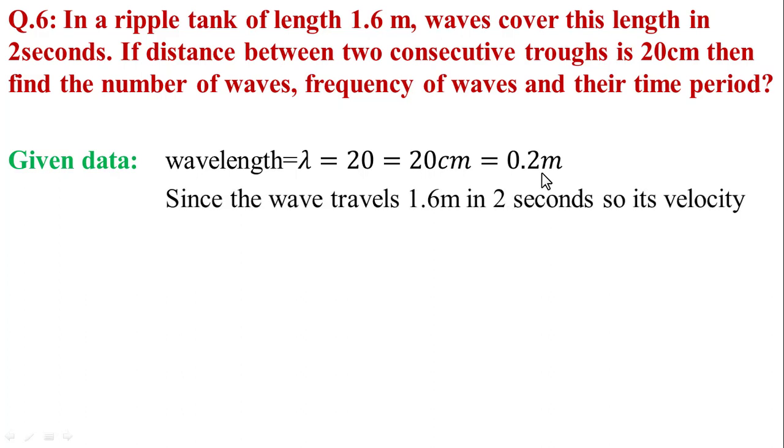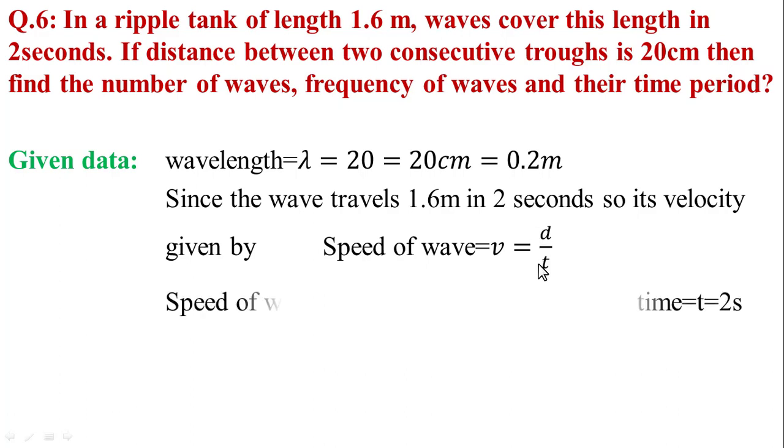Now, the wave travels the distance of 1.6 meter in 2 seconds, so we can find the velocity by the formula wave speed v is equal to distance upon time.